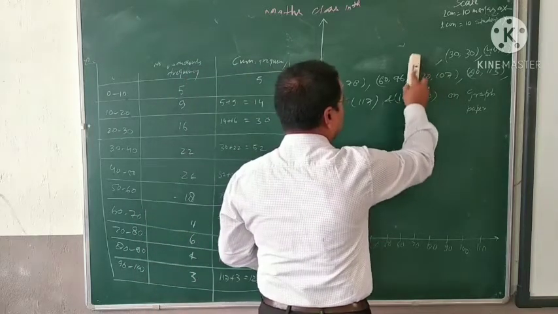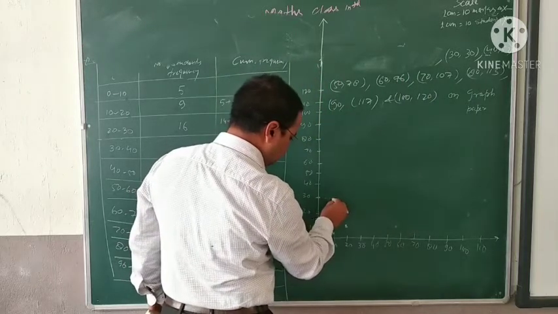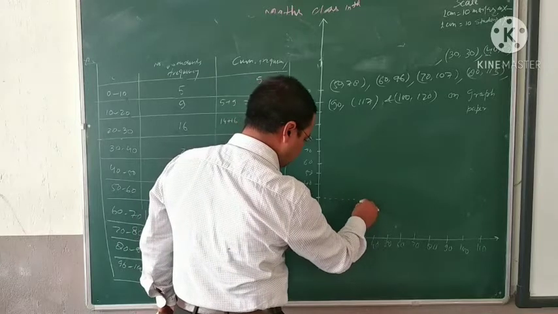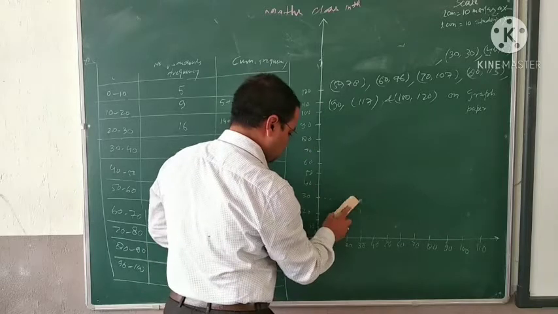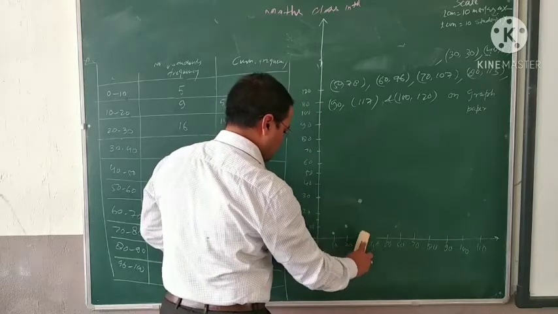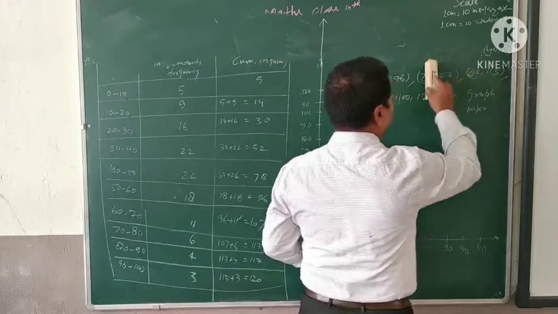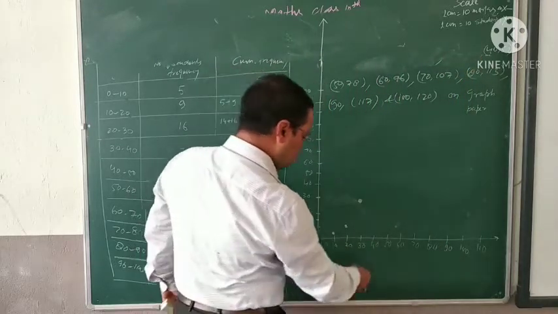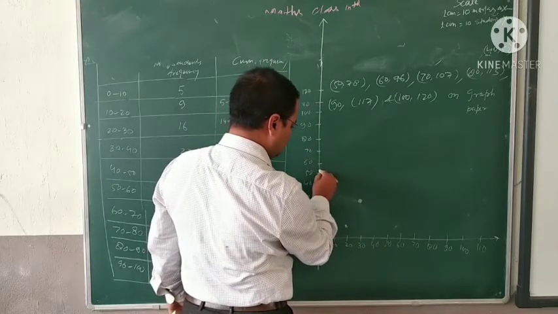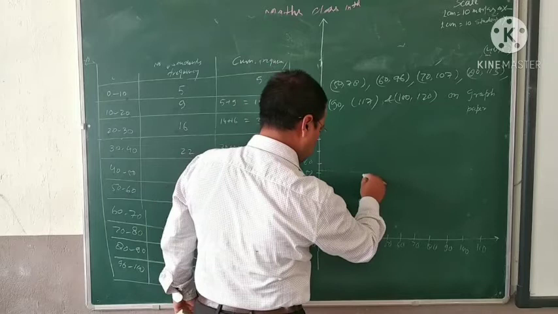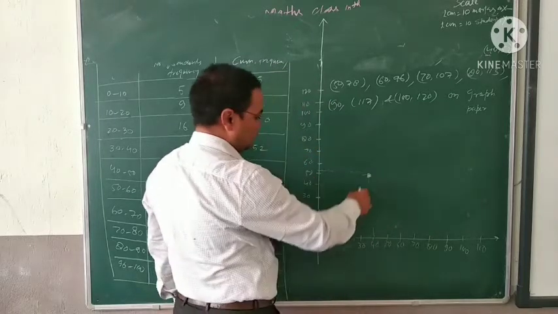Now the third one, 30 and 30. This is the third. Now the fourth point, 40 and 52, just above this. This will be the fourth.